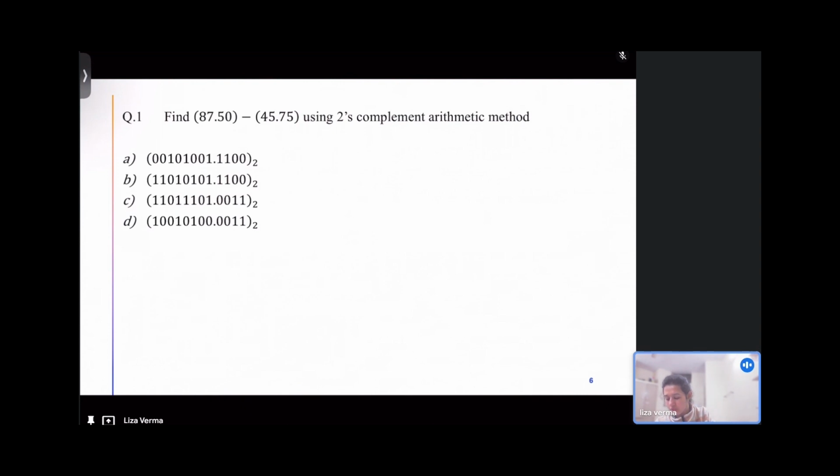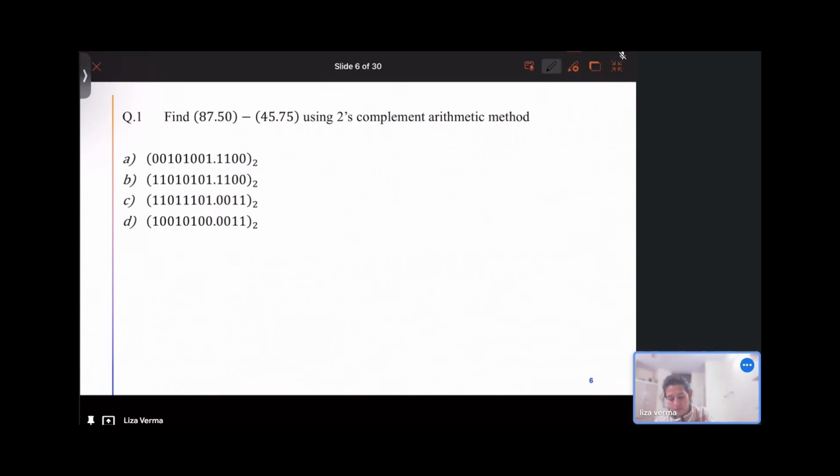So here are two numbers, and we are supposed to find the result of this subtraction and give it in terms of binary, right? So 87.50, and since the base is not given, it is natural to take it as 10.